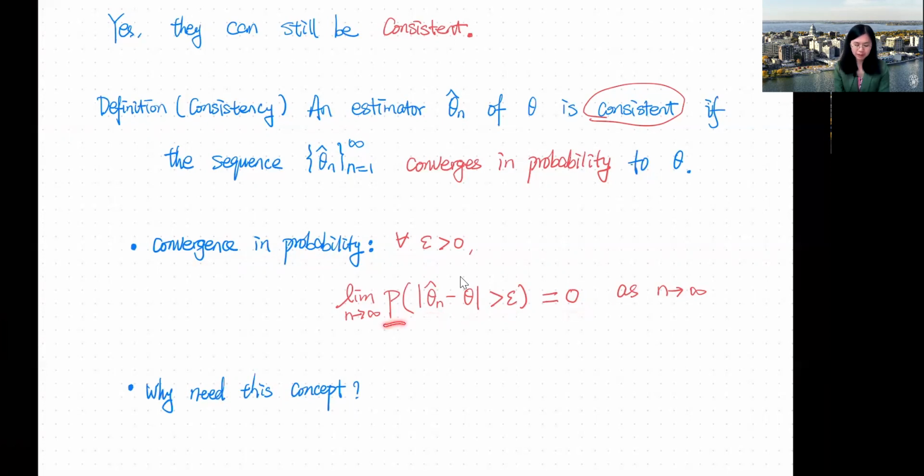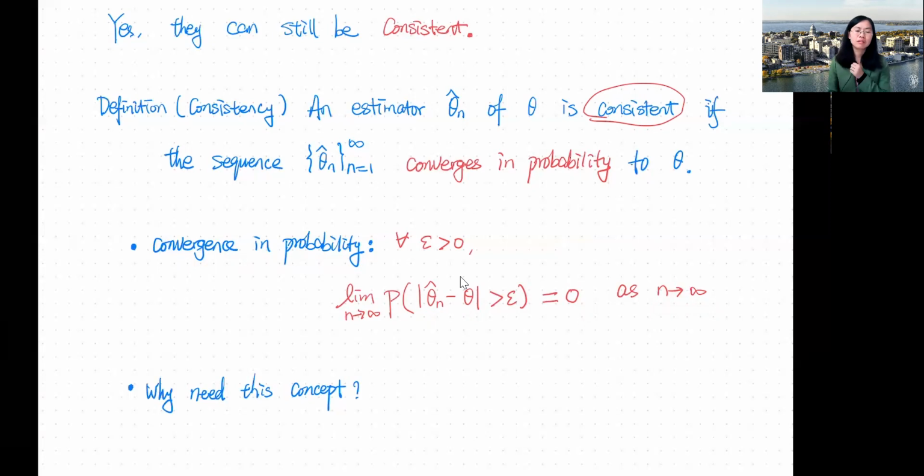So if the probability that the estimator is more than epsilon away from the true value converges to 0 as n goes to infinity, then we say theta n hat converges in probability to theta.